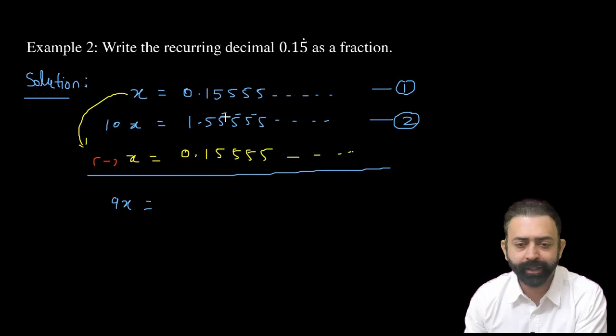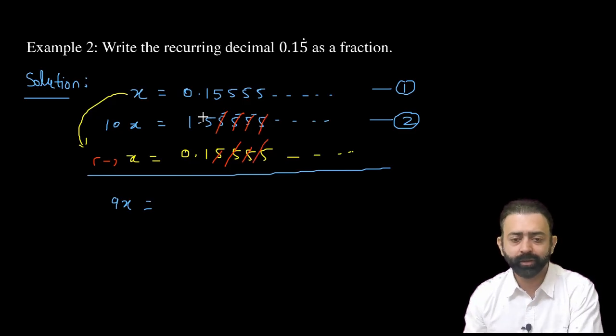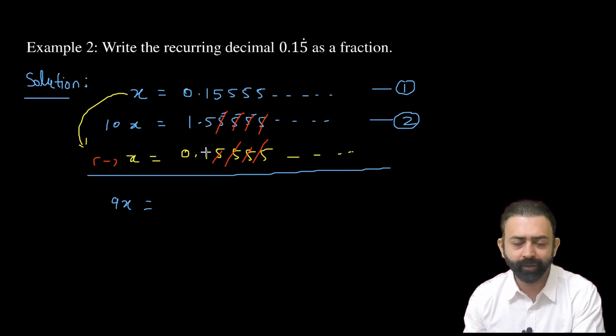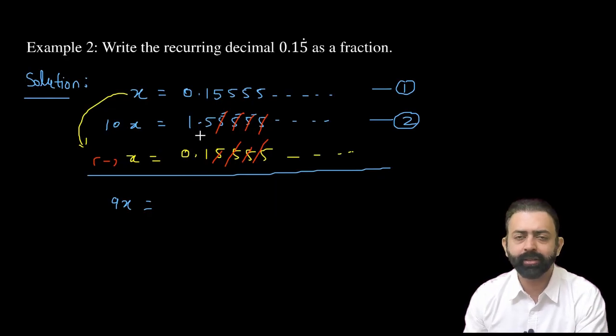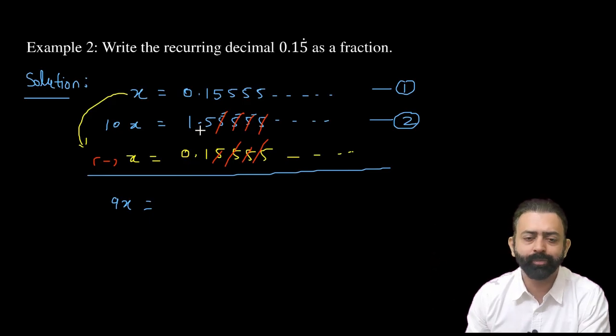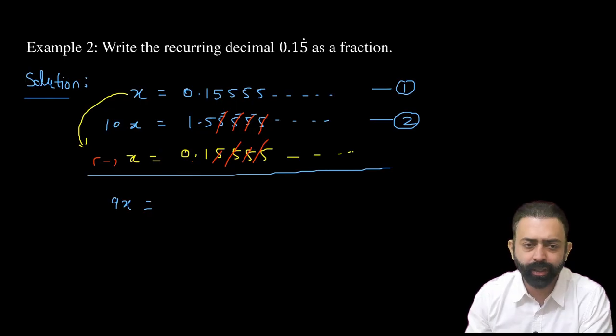So after subtracting, all these 5s will get cancelled out, except the 1.5 which is towards the right of this decimal. As you can see here, this won't get cancelled with this one. So no problem in this. We can subtract this 0.1 from 0.5. So simply the number on the right hand side is 1.5 minus 0.1, which is 1.4. Okay, so on the right hand side you get 1.4.